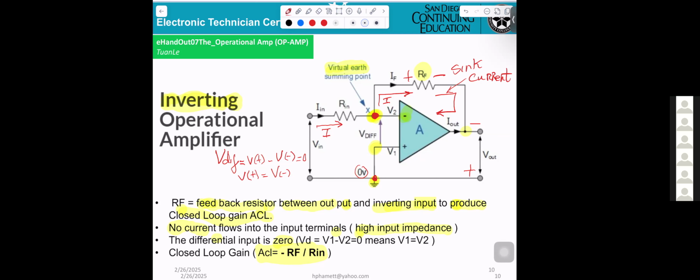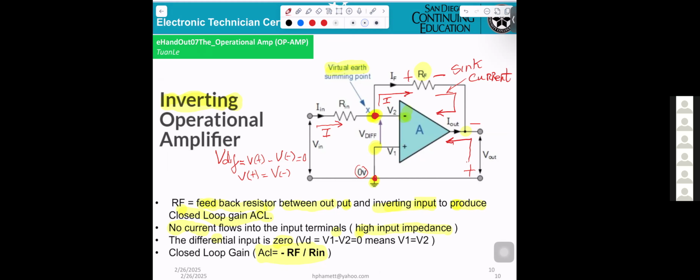Okay, and now at the output, you can see you get positive here, negative here. So the current of the load has to go from positive to negative.